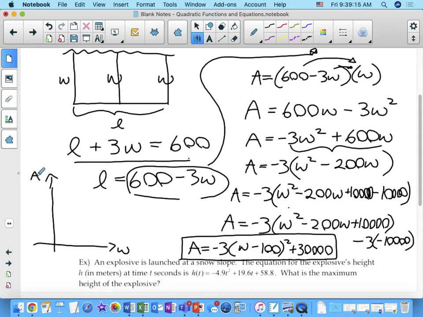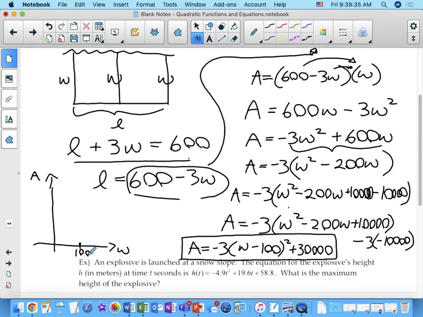Okay, where's the vertex? What are the coordinates of the vertex? Yep, 100 and?